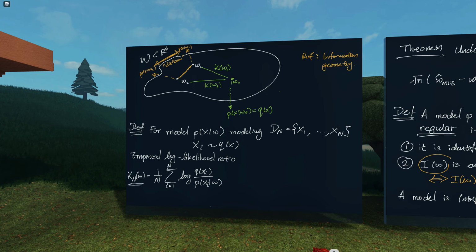It's a random variable because it depends, again, on the data set. And if you take expectation over the data set, so expectation over the Q, well, you recover the KL-divergence, the K function, which sometimes is called the expected log likelihood ratio due to this reason.